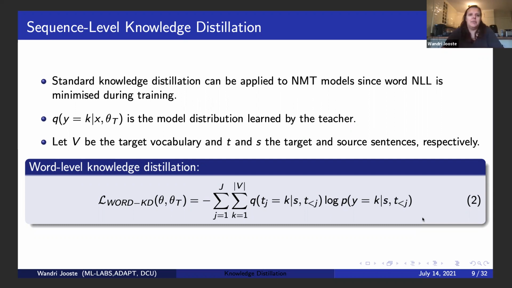Basically, if you have a target vocabulary, you're trying to classify your source sentences into that vocabulary. So we also already have a model distribution that has been learned by the teacher. And then you can easily rewrite the previous function in terms of knowledge distillation for word level distillation.